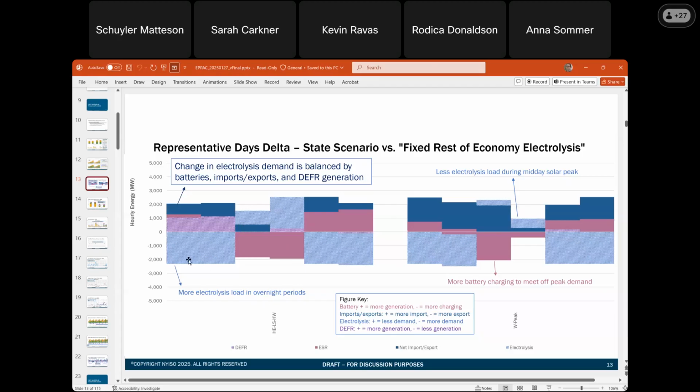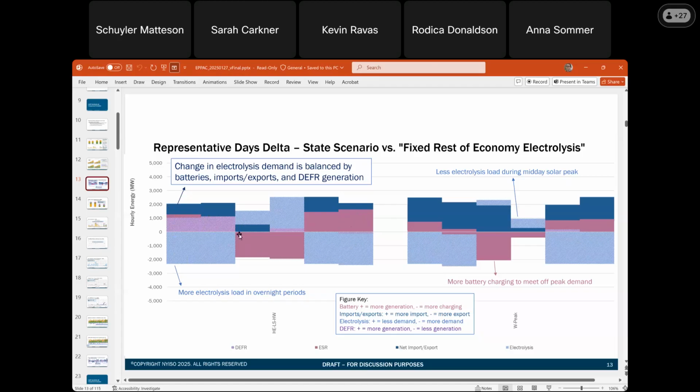And then that electrolysis demand is being served by more defers, as well as some batteries and or pump storage, and then the net imports. And the same sort of story in the evening.